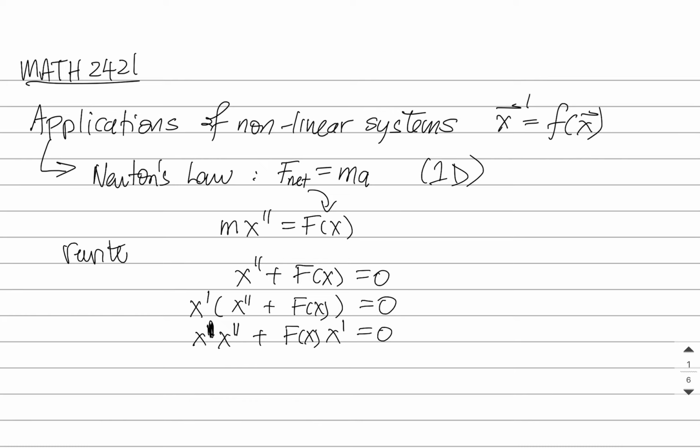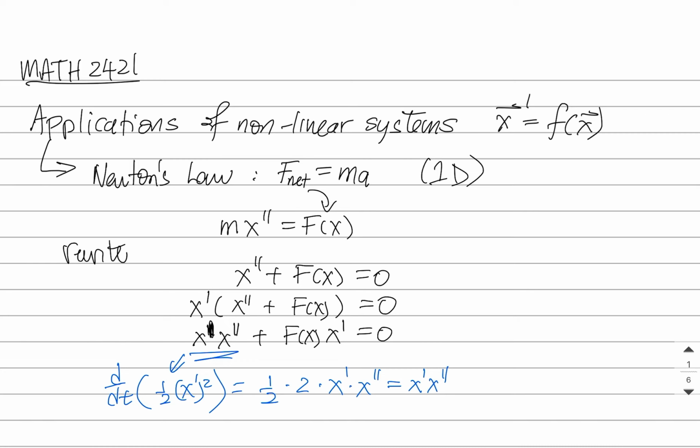This term here, you can interpret as the derivative of 1/2 of x prime squared. Because if you just follow the chain rule, you'll get x prime times x double prime, which is just the term we've got in the equation there.